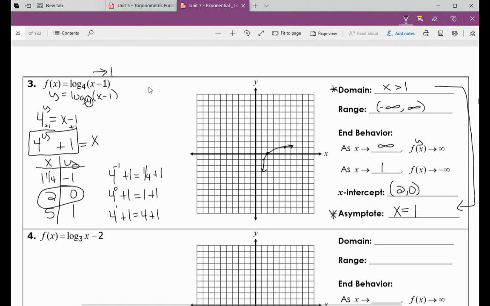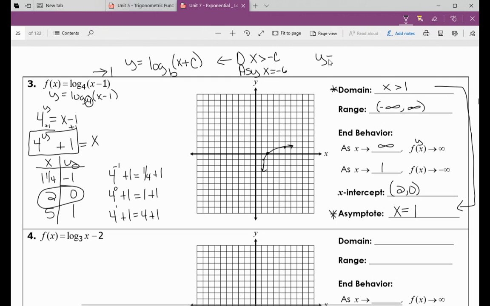Now, what makes the domain and the asymptote change is if you have a left or right movement. So if you have y equals log base b of (x plus c), that's going to move you to the left. So your domain would be x is greater than -c, and your asymptote would be x equals -c, because that moves you to the left.